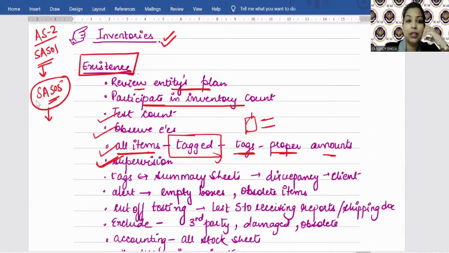Let's say certain cartons have chocolates. So what quantity is contained, what is the weight, everything will be mentioned. So the auditor will tally the tags with the summary sheet prepared by the personnel who are conducting the inventory count. In case of any discrepancy, the auditor will discuss the same with the client, right?